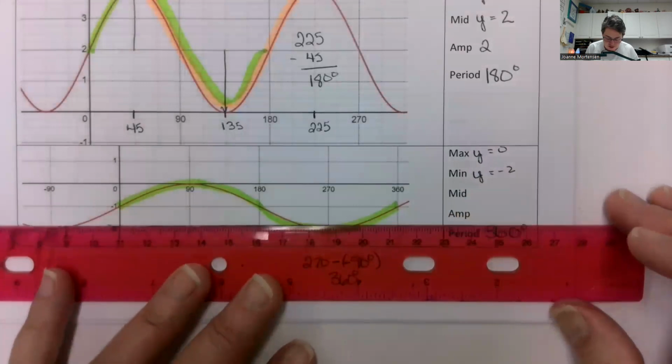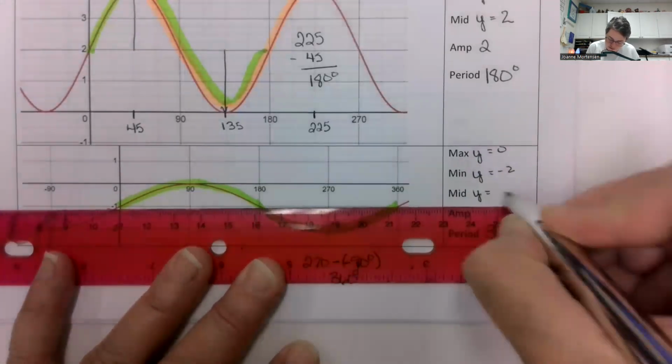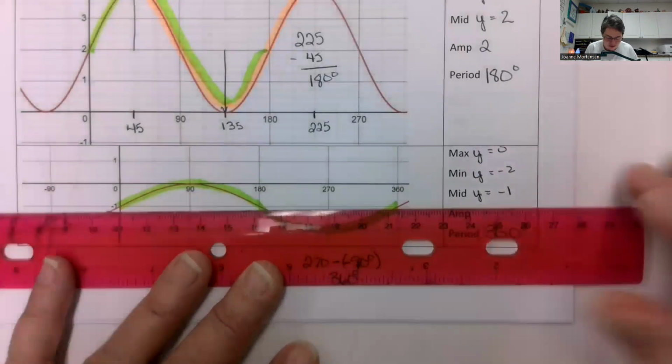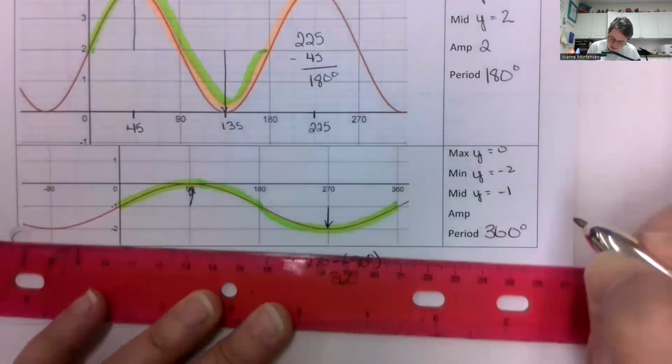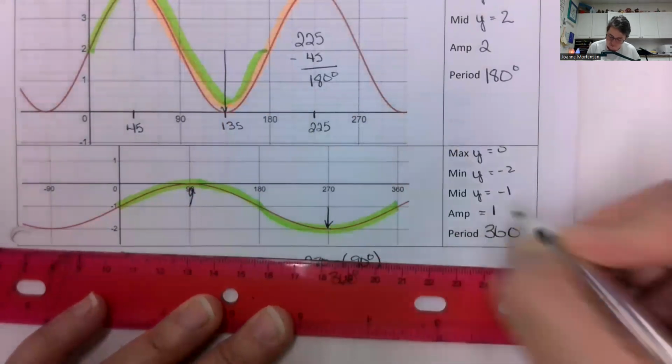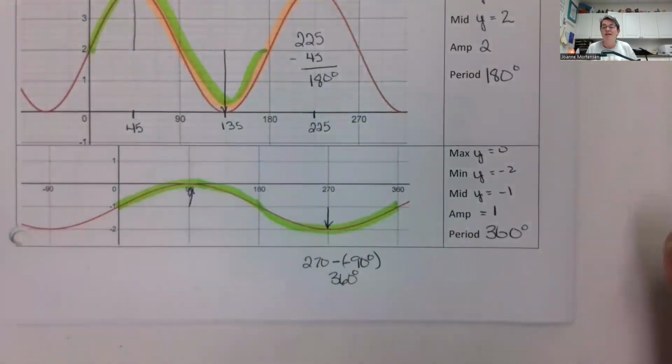My midline, where's my middle? There it is. Y is equal to -1. And my amplitude is equal to 1. I can't emphasize enough how often the amplitude needs to be positive, because sometimes students get mixed up and they'll make it a negative. No. Amplitude is always just a distance.